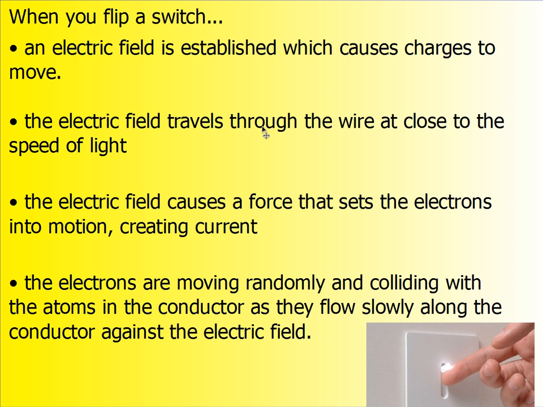Now, when you flip a switch, there is an electric field set up, and the electric field moves very close to the speed of light. The electric field causes a force that sets the electrons into motion, and this is what causes a current. The electrons are actually moving fairly randomly to start with and colliding with the atoms in the conductor, and they wind up moving slowly.